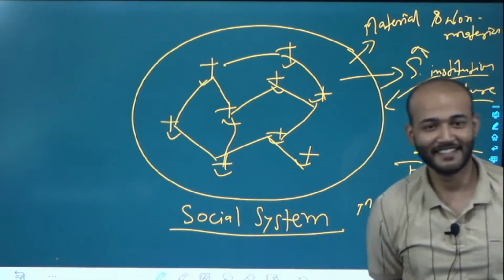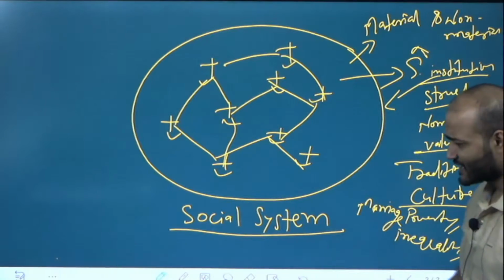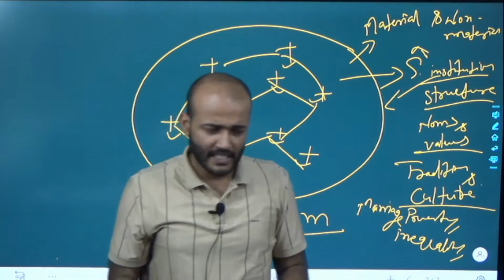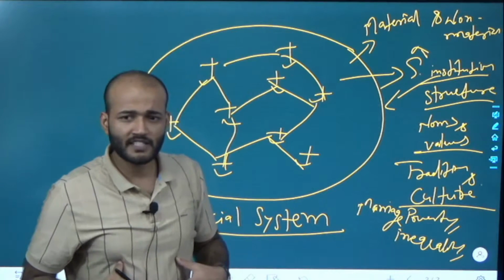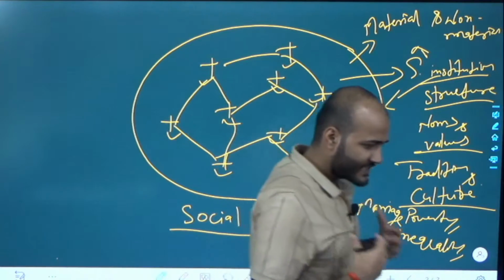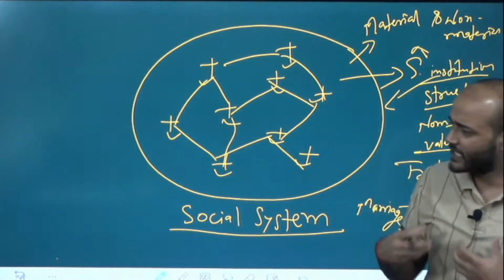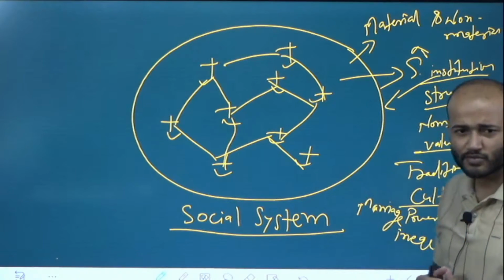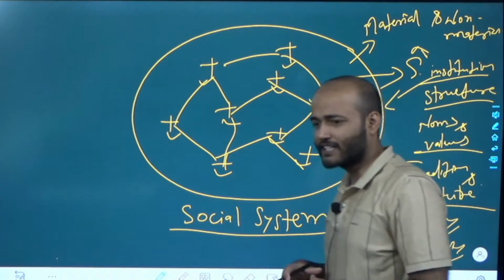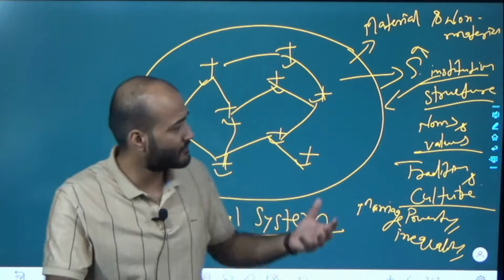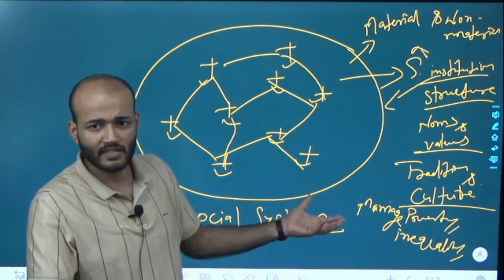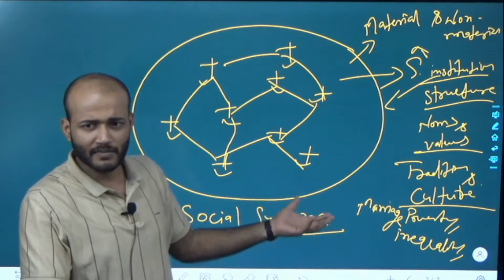So Talcott Parsons's assumption of the social system: he says that for the functioning of the social system, individual action is necessary. It is the individual who created all these aspects of society for its functioning. Why did the members of society create social institutions, structure, norms, values, culture, tradition, whatever we are witnessing?